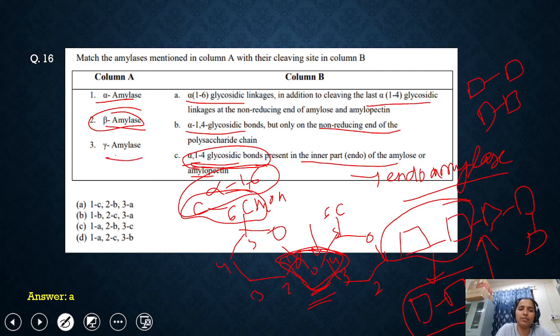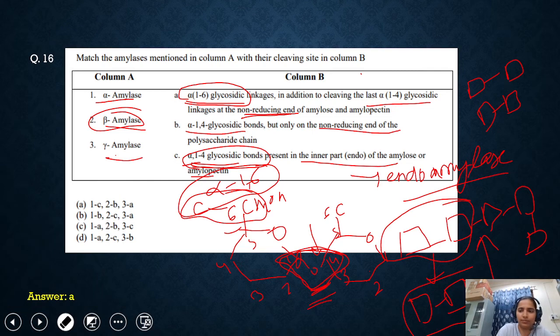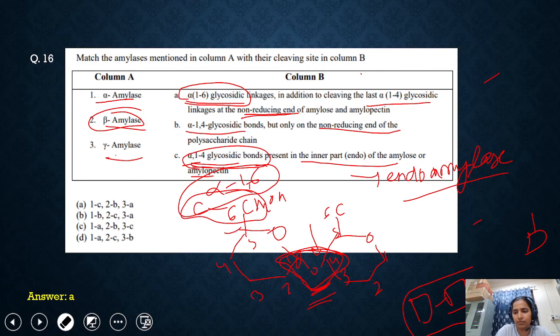Then we are talking about gamma amylase. What does gamma amylase do? It breaks both alpha 1,4 and alpha 1,6 linkages at the non-reducing end of amylose. When it breaks the alpha 1,6 glycosidic bond, suppose this is the chain that is present.